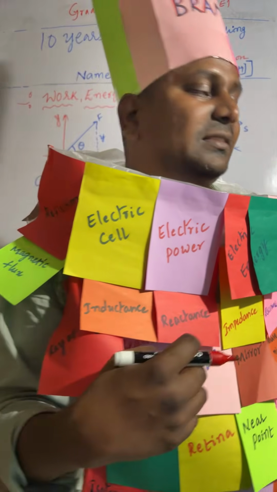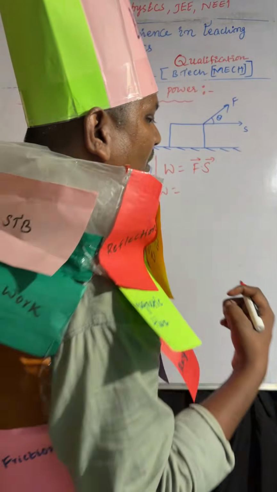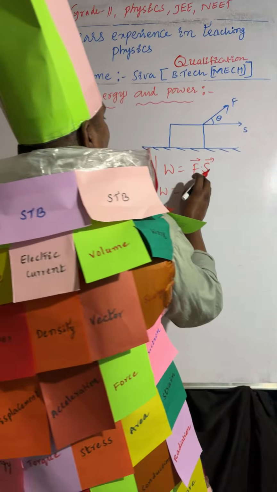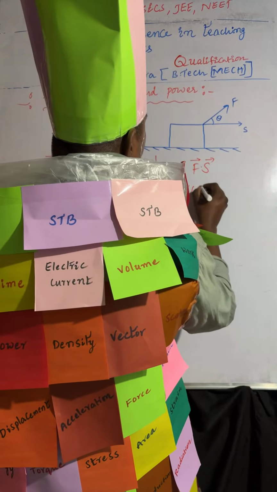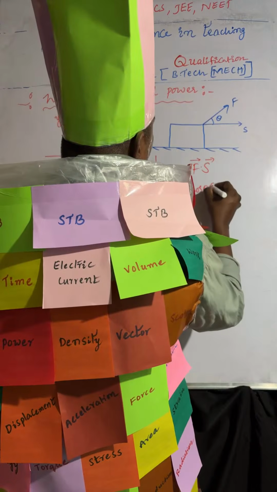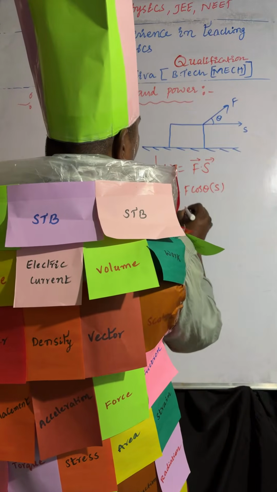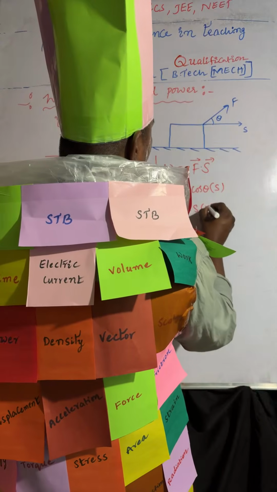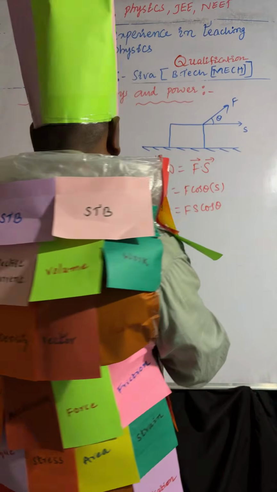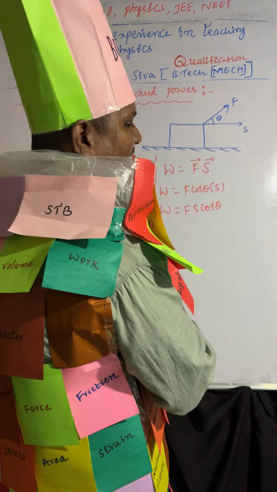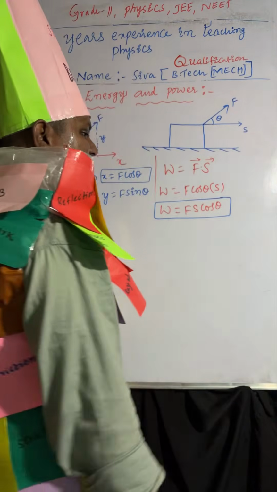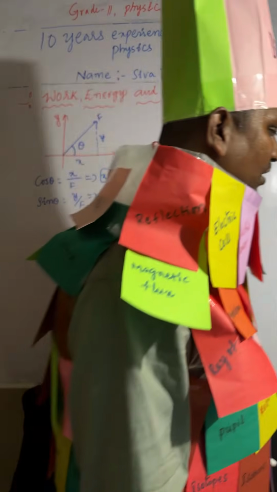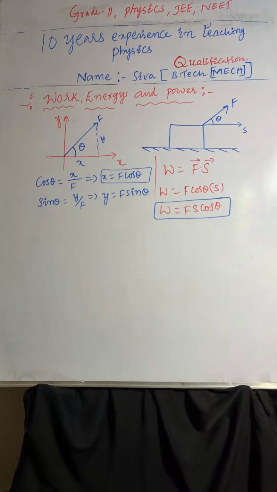Those are two vectors. So F bar dot S bar is F cos theta into S, that is, W equals F s cos theta. I hope it is very clear. Understood or not? That is the work done formula.